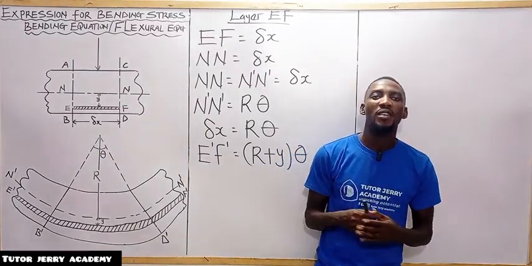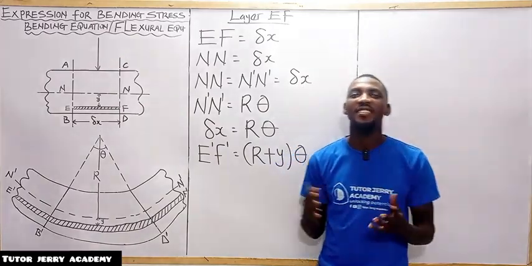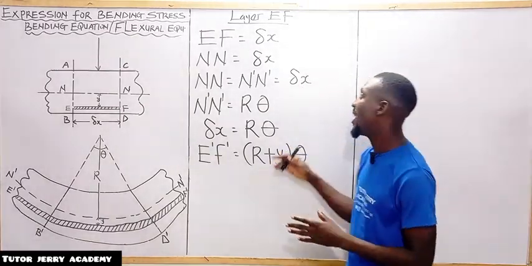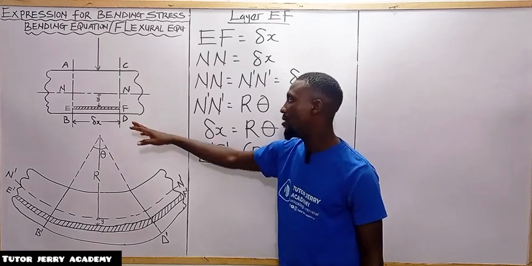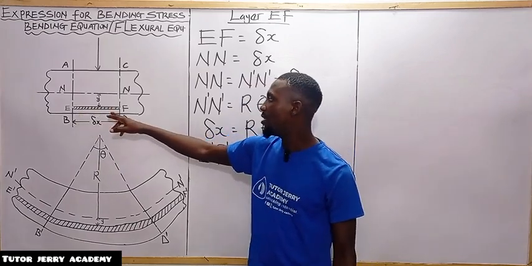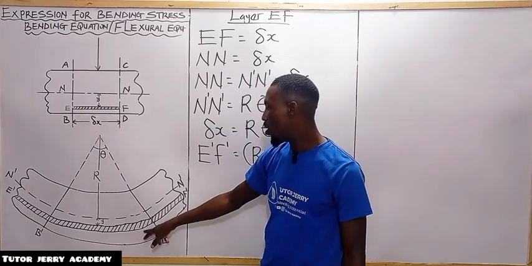All right, the next thing we are going to consider is the increase in length of layer EF. Of course, this layer here, EF, changes from what we have here to what we have here.